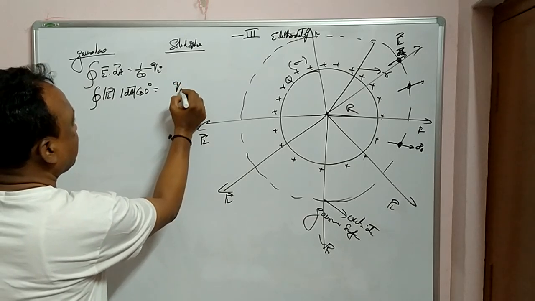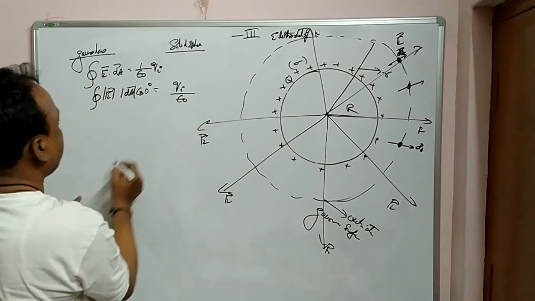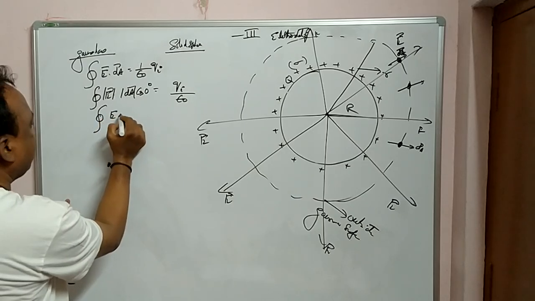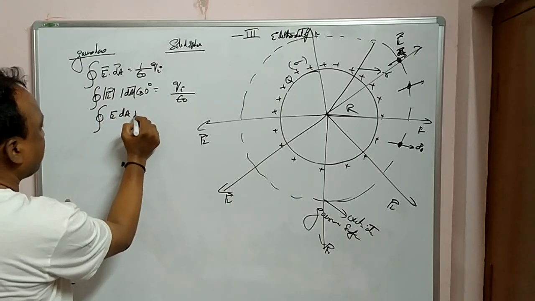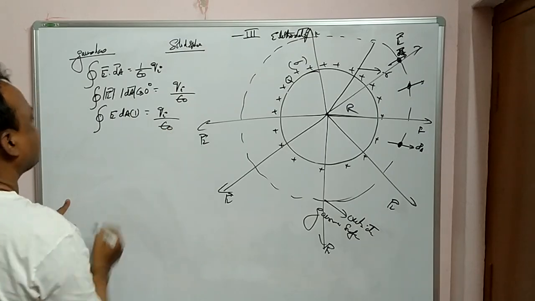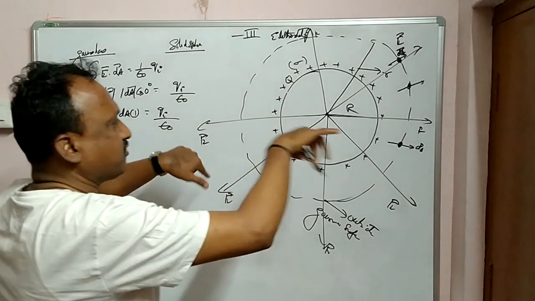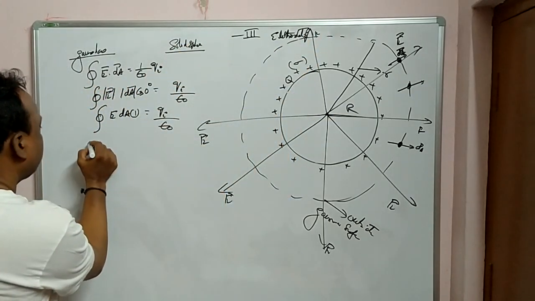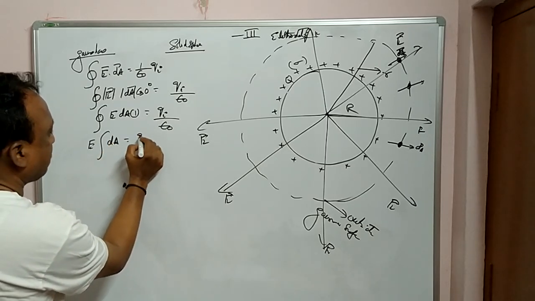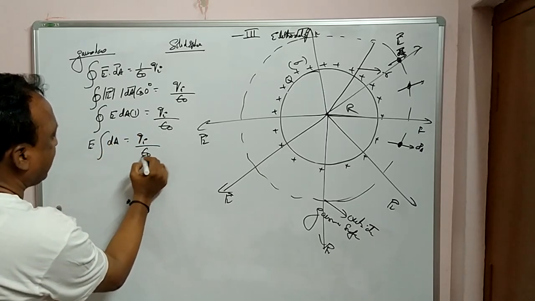So for the closed surface, integral of E dA cos 0, which is 1, equals q inside by epsilon naught. Because E is uniform outside, take it out as common, and integral of dA is equal to q inside by epsilon naught.